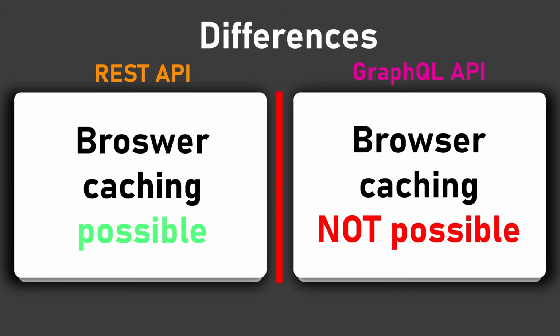So there is a single HTTP endpoint, and your browser cannot cache a single endpoint because that endpoint has a lot of different functionality it adheres to. So caching is not possible on the single API on which your GraphQL is working, whereas in a RESTful API you have different endpoints for each of your requests, and we can leverage the technology of HTTP caching to enable caching features on RESTful APIs.